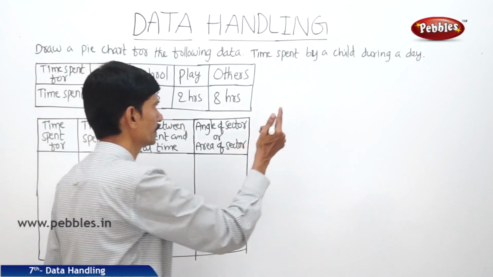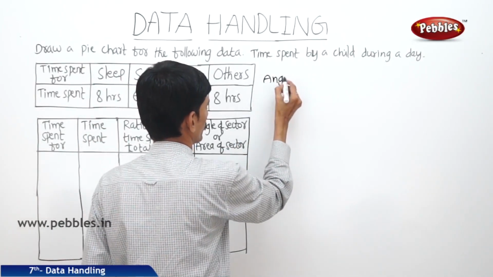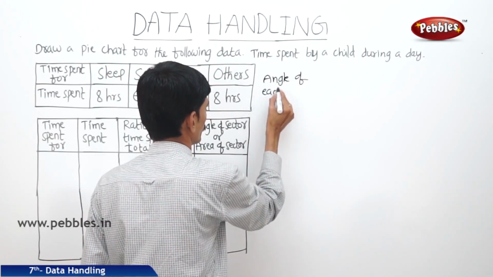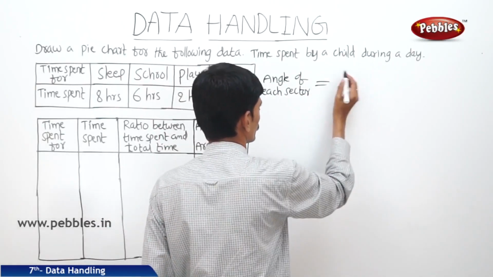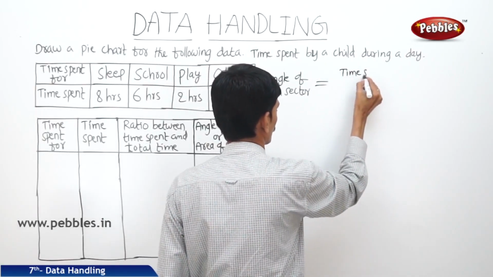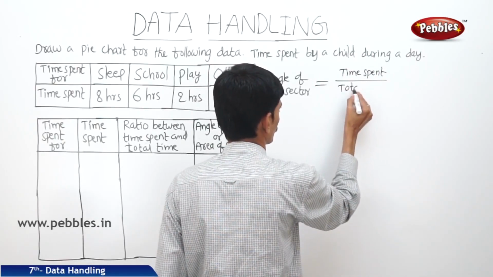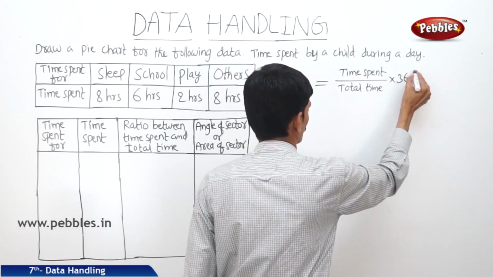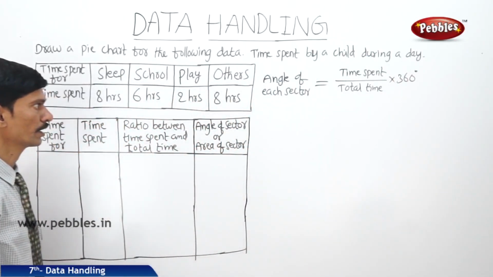To find the angle of each sector, we have a formula: angle of each sector equals the time spent by total time into 360 degrees. Using this formula we find the angle of each sector.